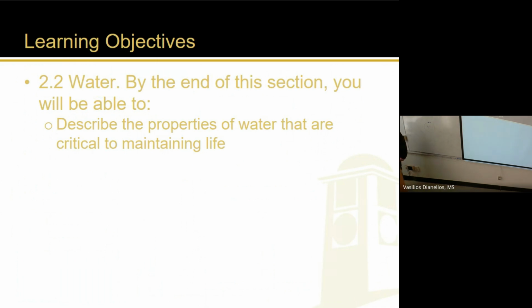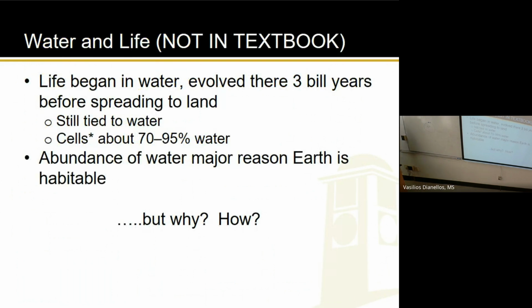Not that you need to know, but this is a good introduction. It's not in your textbook, it's from the old textbook. But life, as far as we know it, began in water. The life on Earth, as far as we know, started in water, not on land. And it was there for 3 billion years before finally making its way to land.